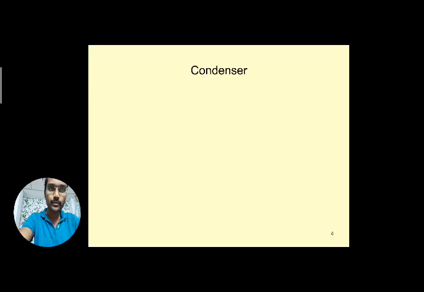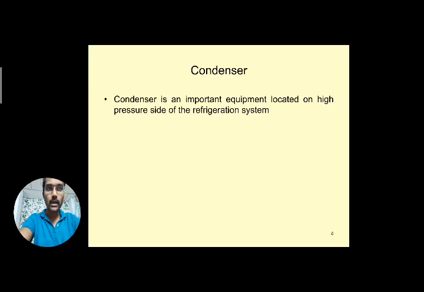Explanation will be there. The condenser is one more main equipment in the refrigeration part, mostly used in all the equipments, but they appear in different ways. We will see the different types and what the different names of these condensers are.